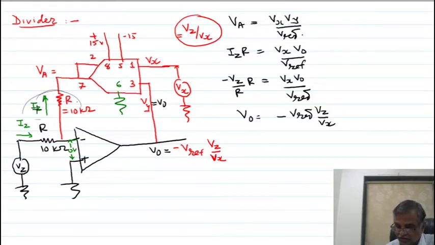Iz is nothing but Vz by R. So R and R cancel, and I can get the equation of Vo as minus V reference into Vz by Vx. So that I can obtain. In this way your divider circuit will work.